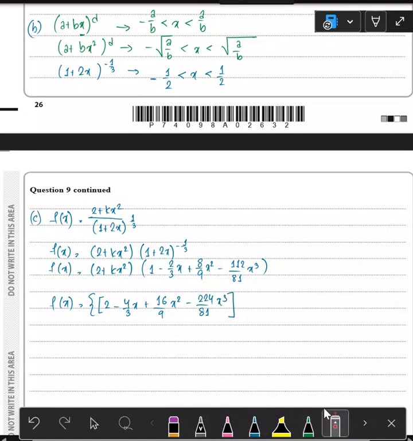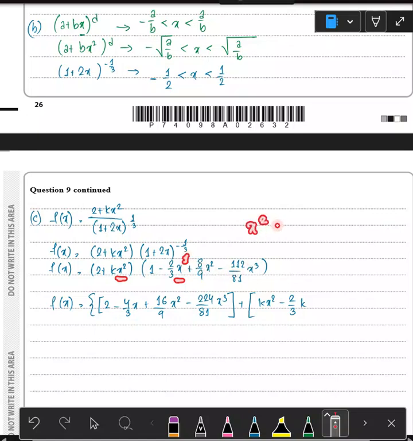So we have multiplied 2 with the expression here. Now I have to multiply kx squared with this expression. So at first I will write positive kx squared multiplied by 1 is just kx squared, and kx squared multiplied by negative 2 by 3x would be negative 2 by 3k, and kx squared and x to the power 1.